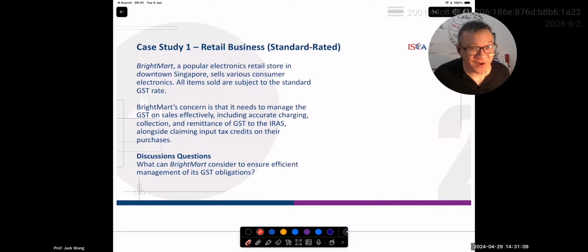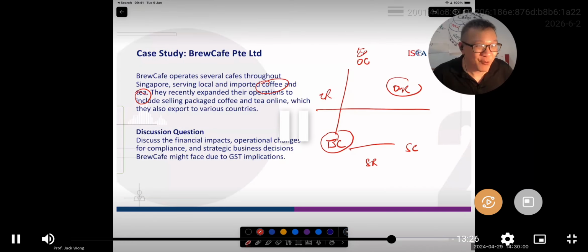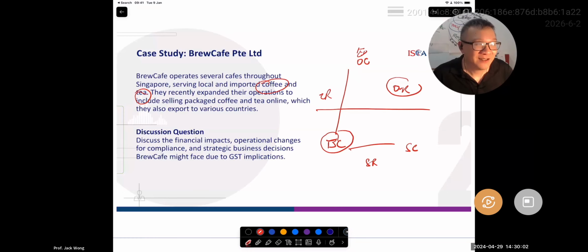They know the standard rate of supply, they are concerned how to manage it, right? So one thing you may want to take note of is to implement an integrated system, whether it's a country where the customers is located.